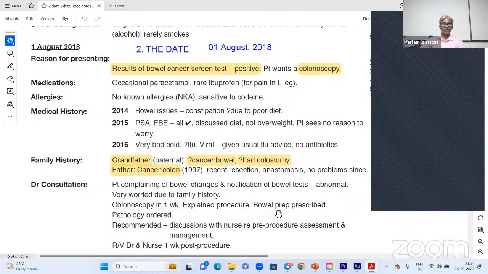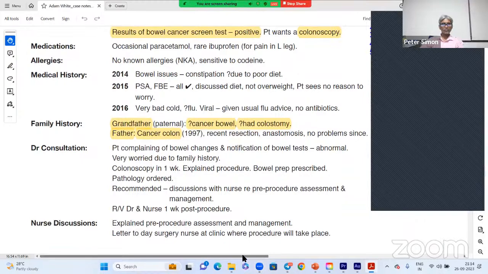The next is colonoscopy. So, colonoscopy scheduled in one week. He has a significant family history of colon cancer.